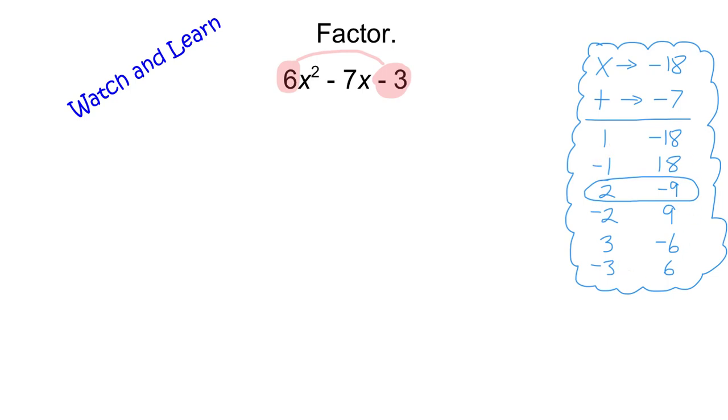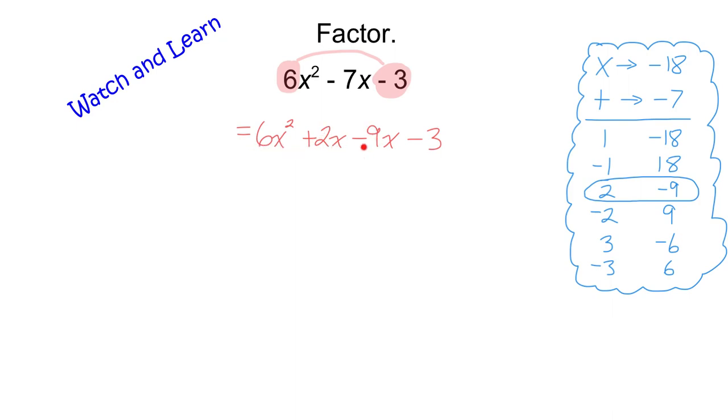So 2 and negative 9 add up to get negative 7. It's important because that's different than negative 2 and positive 9. If you choose wrongly here, then you're going to mess up in your solution. So my numbers are actually positive 2 and negative 9. So I decompose my middle term. Negative 7x becomes plus 2x minus 9x.